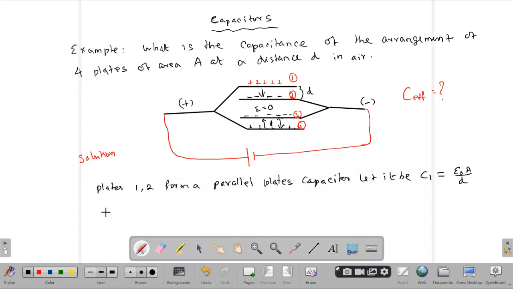Then plates 3, 4 form another parallel plate capacitor.